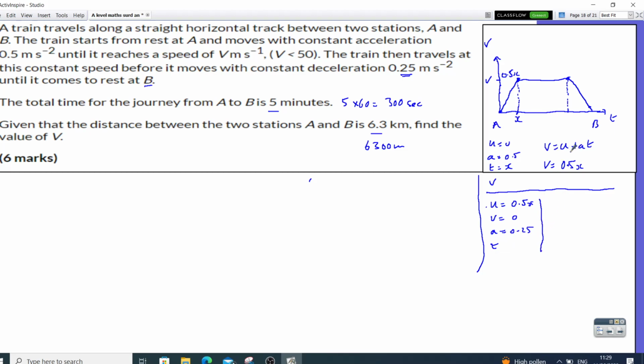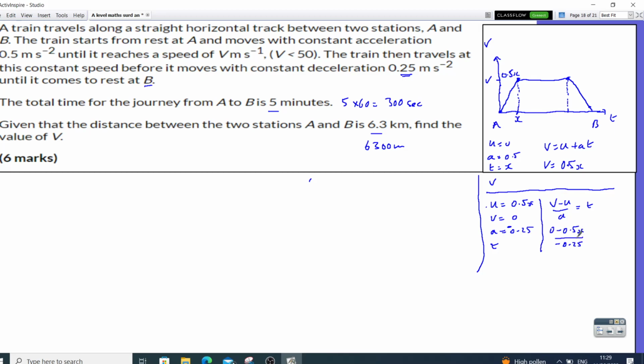So if we rearrange this, V minus U divided by A will give me the time. So V is 0. Initial velocity is 0.5x. And it's a deceleration, so that should be a minus, minus 0.25.